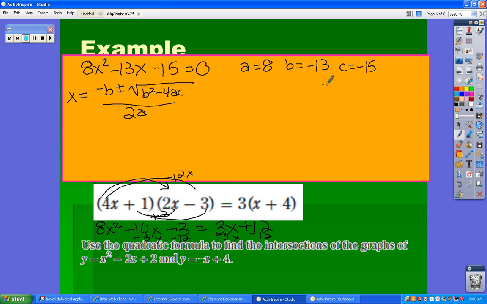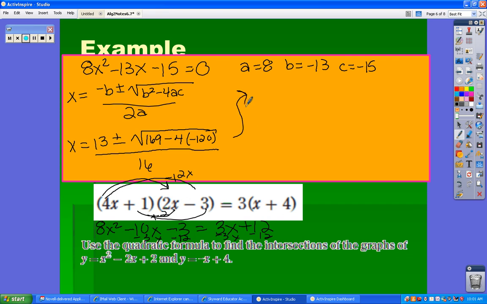Really be careful with these signs here. So negative b, or the opposite of b: x equals 13 plus or minus the square root of 13 squared, or negative 13 squared, is positive 169, minus 4 times 8 times negative 15, which is negative 120, all over 2a, which is all over 16.